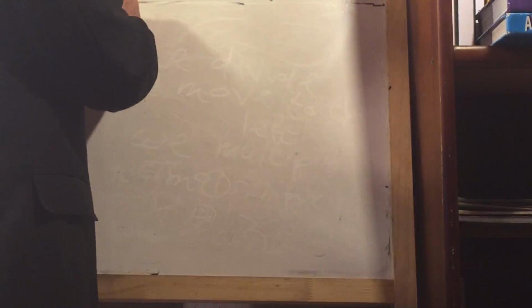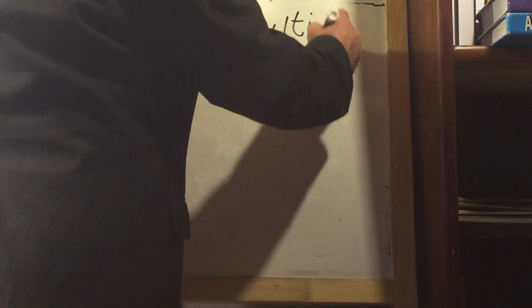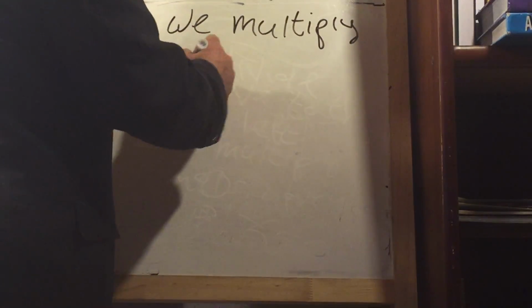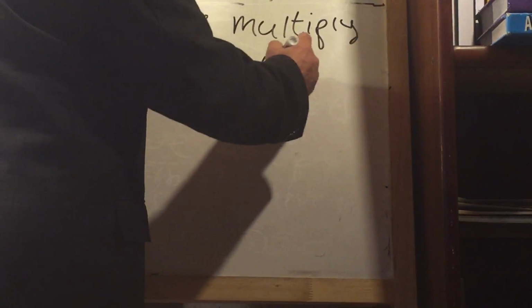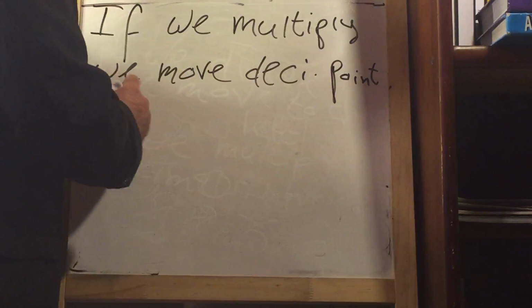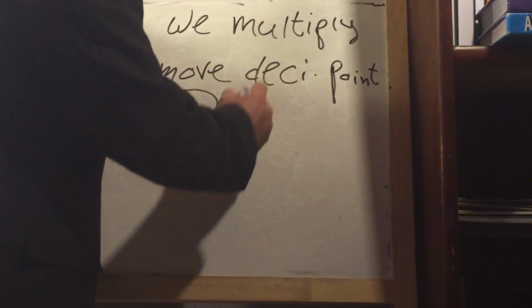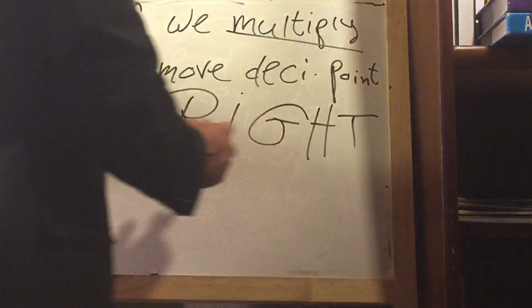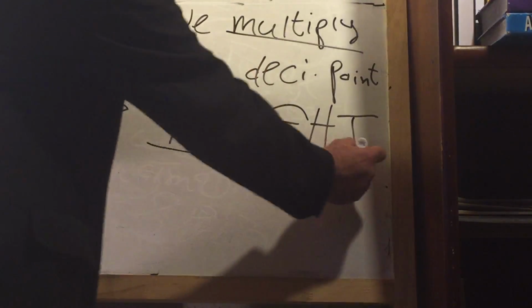Now, let me write it down in a neater way. If we multiply, we move the decimal point to right. Multiply, move to right.